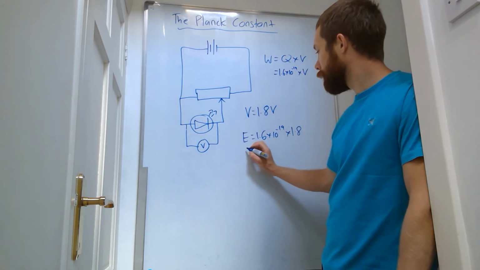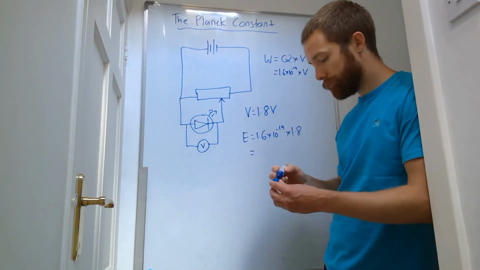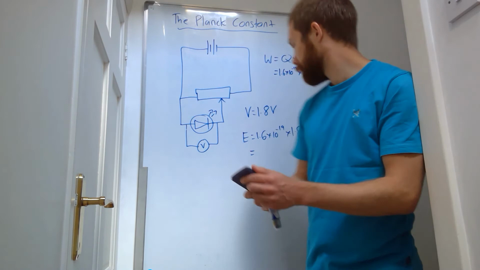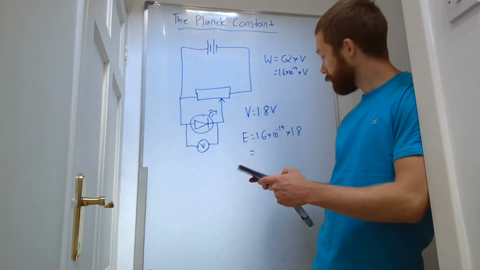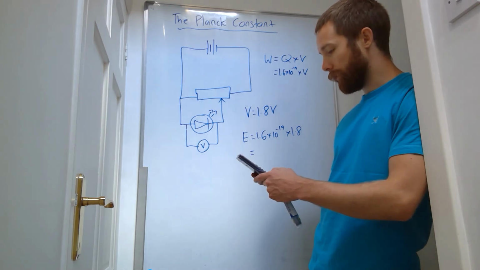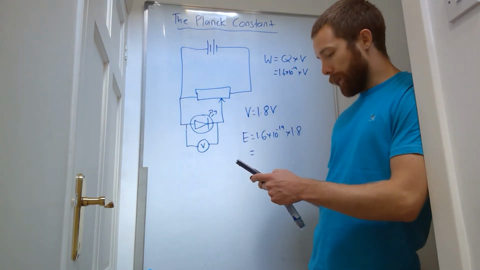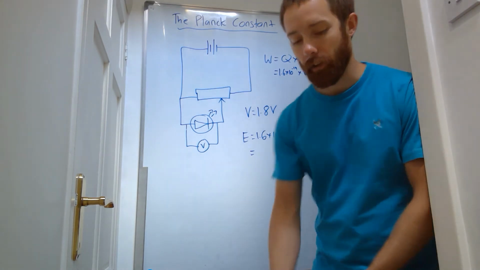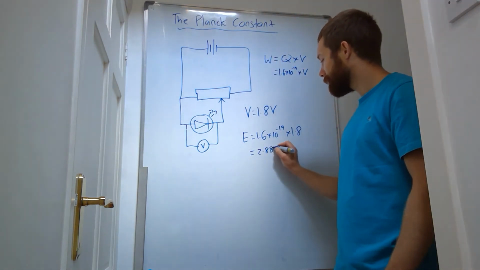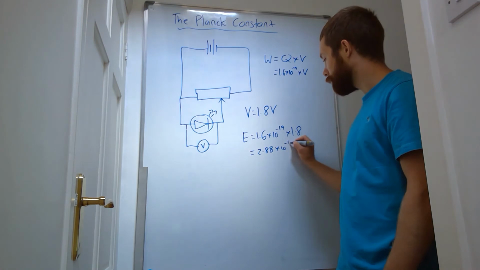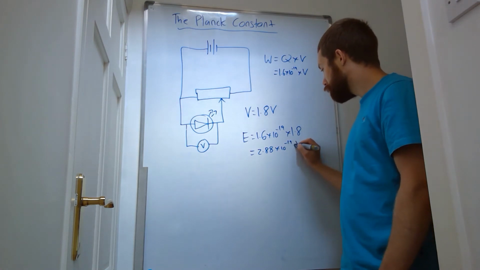So we'll do this calculation. I should have chosen 2 really, shouldn't I, make it easy? 1.6 times 10 to the minus 19 times 1.8 equals 2.88 times 10 to the minus 19 joules.